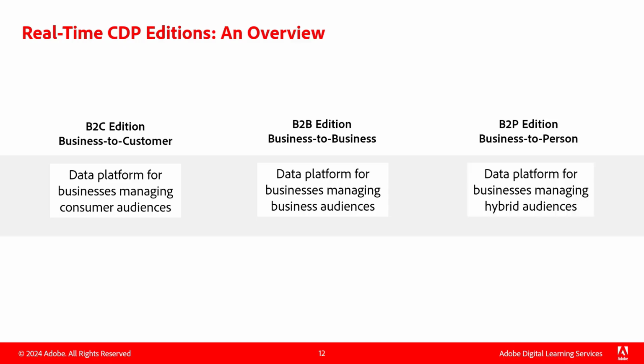The third edition is the RTCDP Business to Person edition. With this, you can unify, govern, and activate your B2C and B2B customer data using a single CDP, targeting the same person across all lines of business.